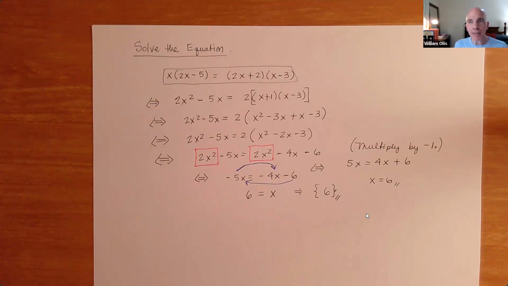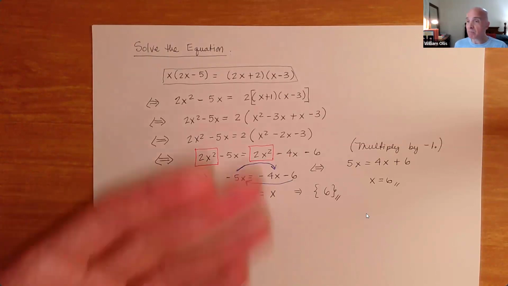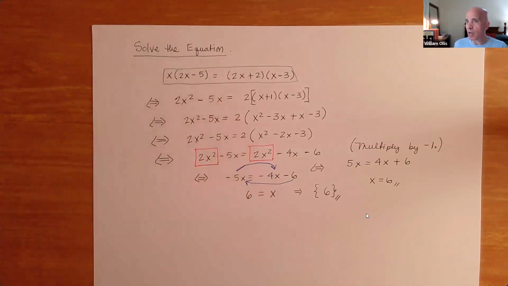Now, another thing that's important to realize is that we may have a restricted parameter on the problem. For instance, the problem may ask us to solve in a particular interval of real numbers. And we have to make sure that the value that we come up with, or one of the values we come up with, actually lies in that particular interval.